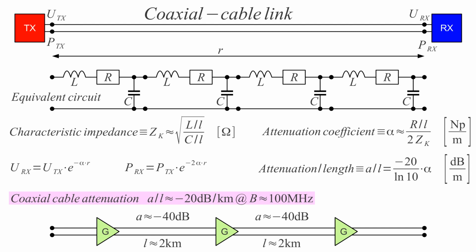Any such line has a characteristic impedance. If losses are low, so if this resistor is low, and we are trying to make low loss lines to have low attenuation, the characteristic impedance is the square root of the ratio of the inductance per unit length and the capacitance per unit length of the transmission line.